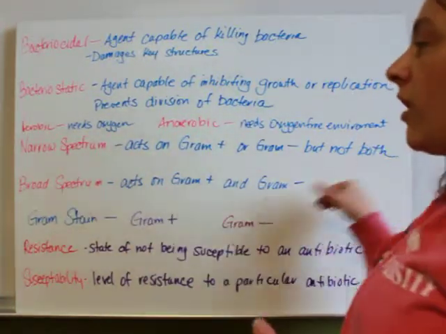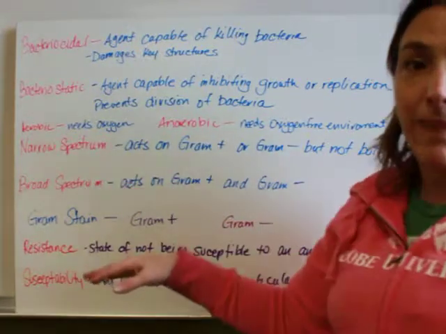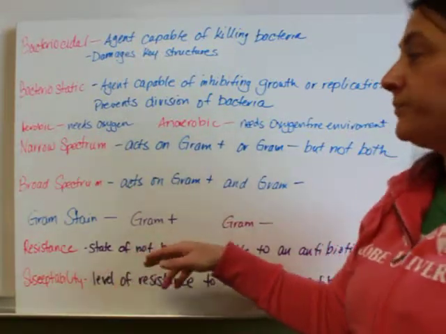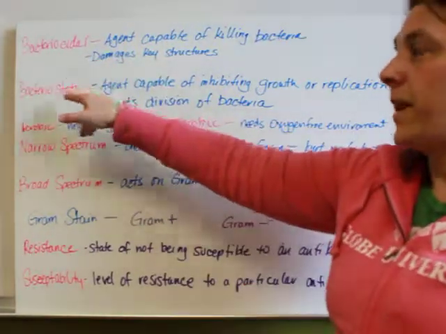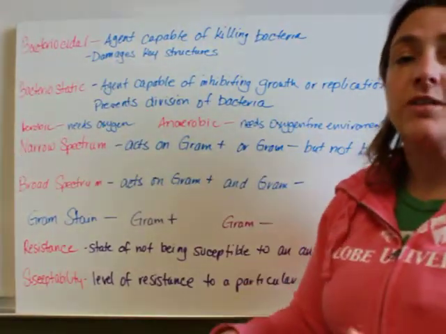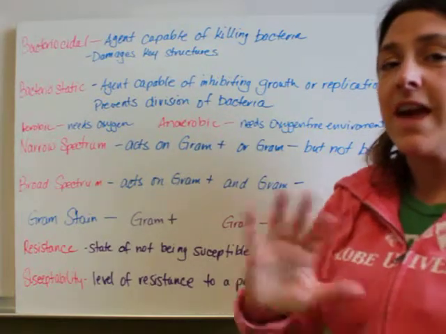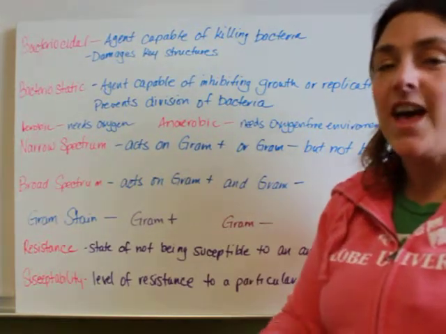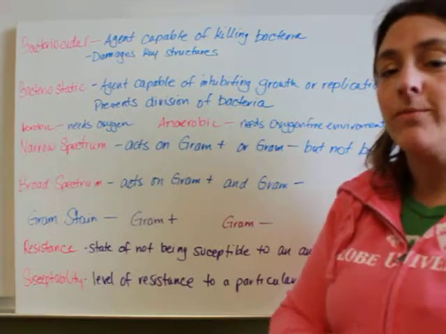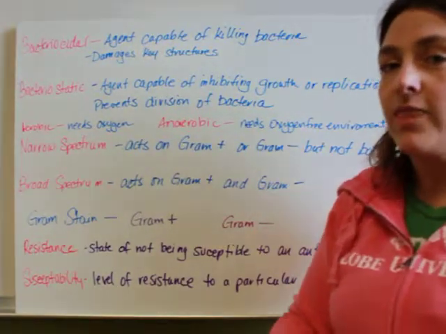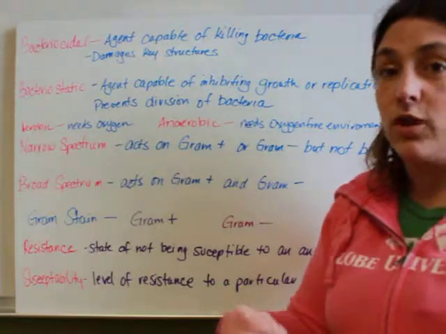So it can work on a variety of different types of bacteria. And this kind of brings me back to the bactericidal and bacteriostatic. Some drugs can be both bactericidal and bacteriostatic, and it depends on how much you're giving and what bacteria you're trying to use the drug for.